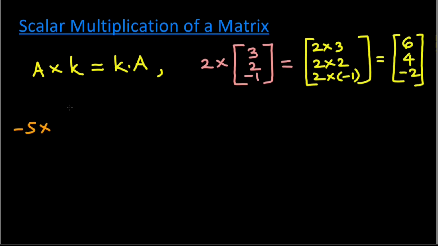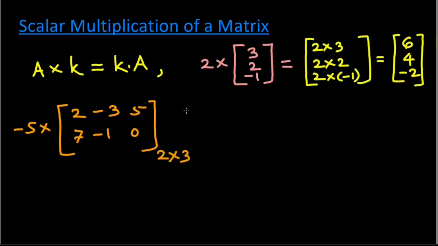-5 multiplied by a matrix [2, -3, 5; 7, -1, 0], which is a 2 by 3 matrix. You will get a new matrix by multiplying every element of this matrix by -5.